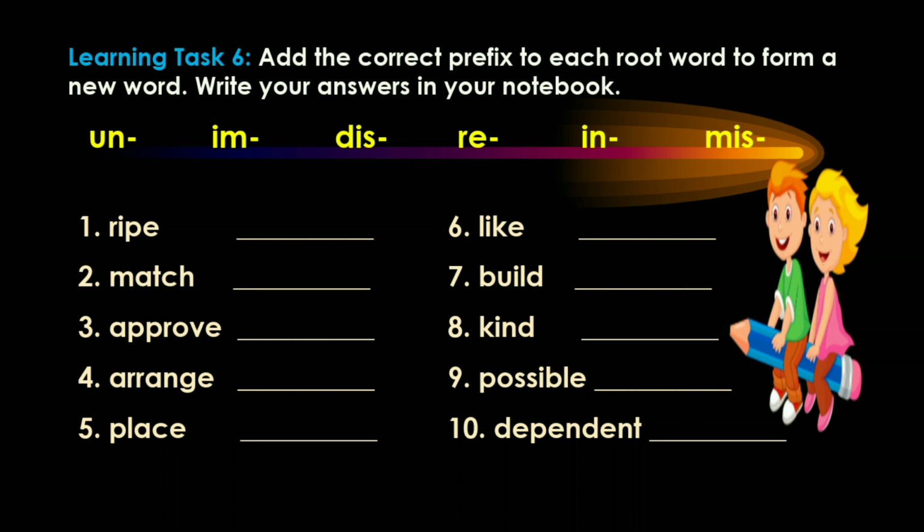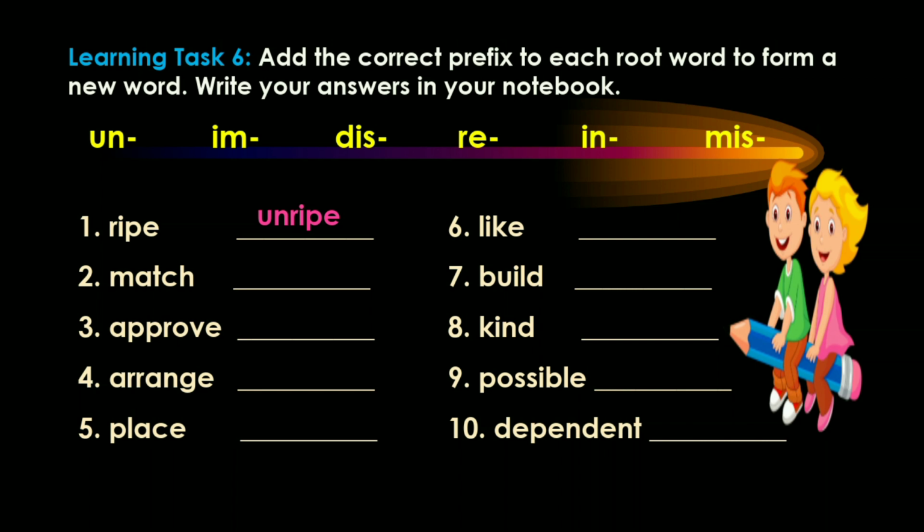So, which among those prefixes above matches with the word ripe to create a new word? Is it unripe, imripe, disripe, reripe, inripe, or misripe? So, the correct word is unripe. Okay, it's unripe. What about number 2?